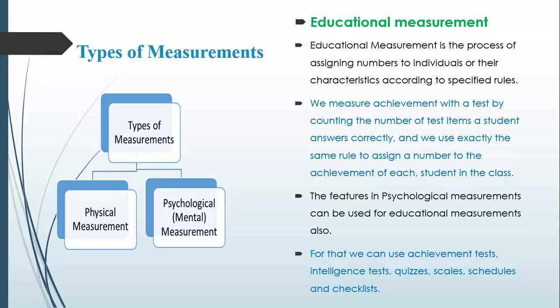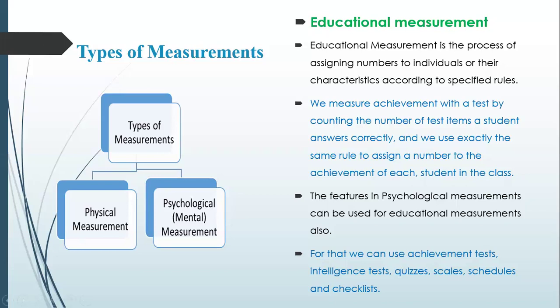So mainly educational measurements come under psychological measurement or mental measurement. As I told you, it consists of all 3 domain measurements: cognitive, affective, and psychomotor. Let's move on to the slide.